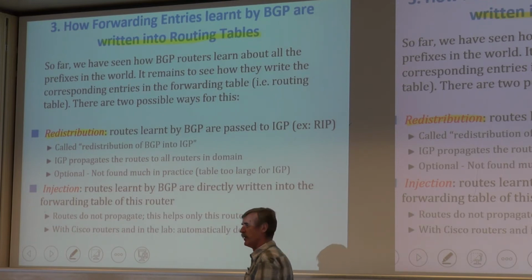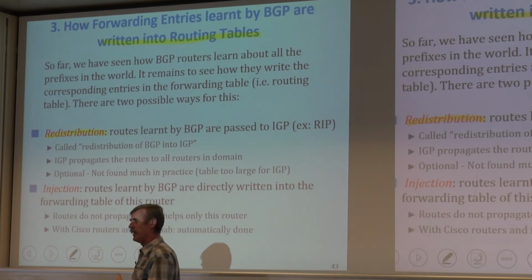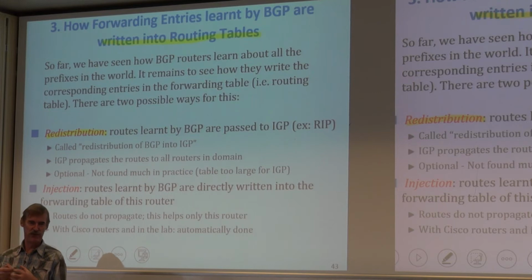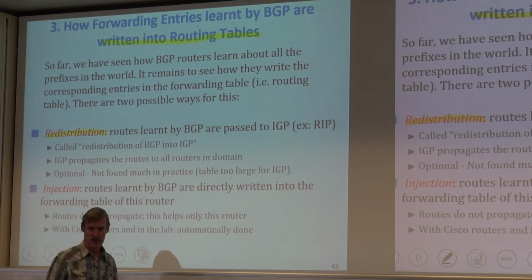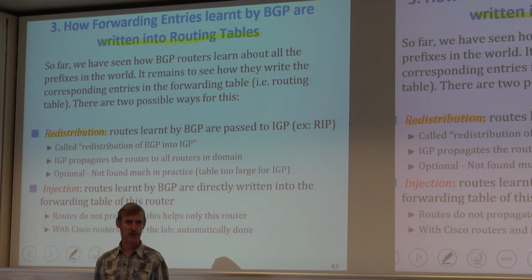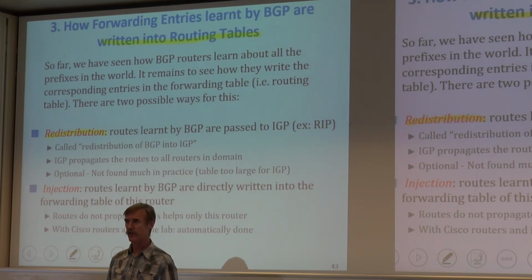So in other words, redistribution is like if a BGP router pretends that it is directly connected to a prefix that is an outside prefix. I claim this is the natural thing because the goal of RIP or an internal protocol is to pass along the information about which network prefixes are reachable and how to go there.